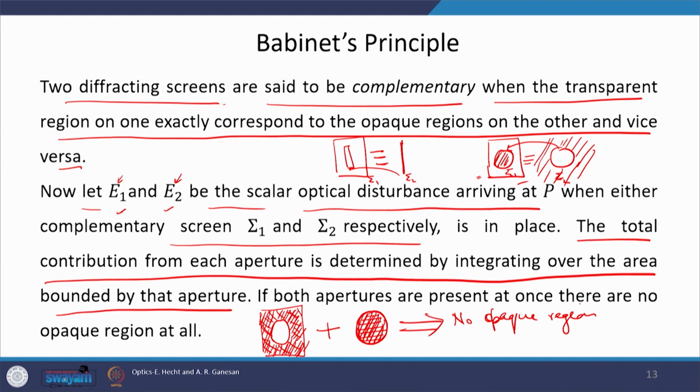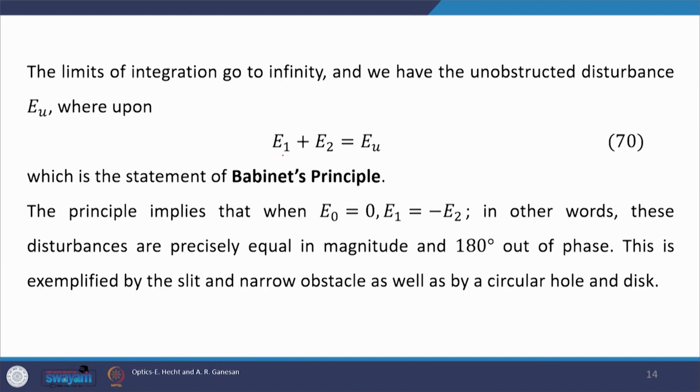Now, if we overlap, if we put these two apertures simultaneously, then there would not be any opaque region, it would be completely free. The light will come unobstructed. Now, with this we can write that E1, which is the contribution from one aperture, and E2, which is the contribution from the complementary aperture, these two fields would be equal to EU, which is the field due to the unobstructed source.